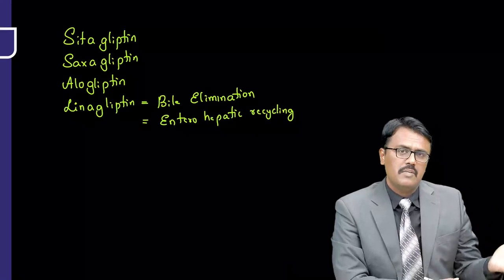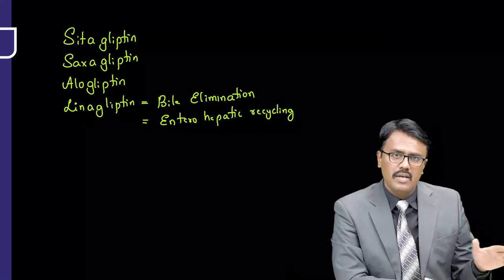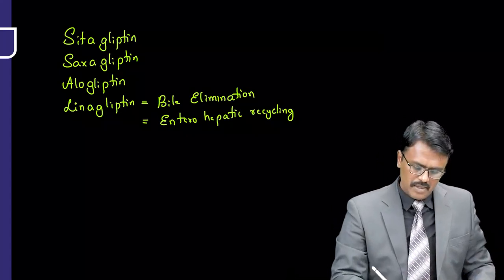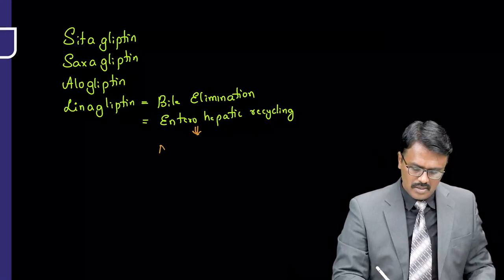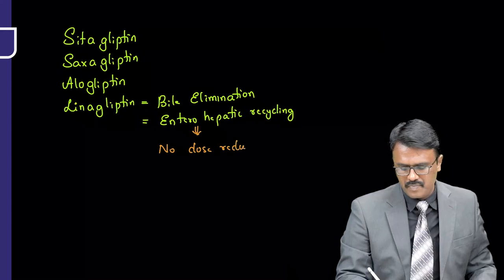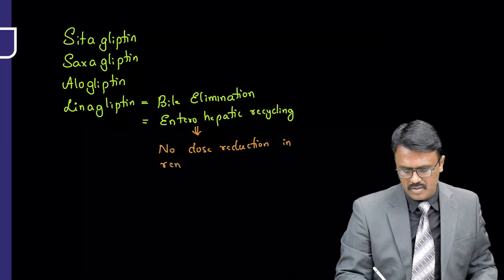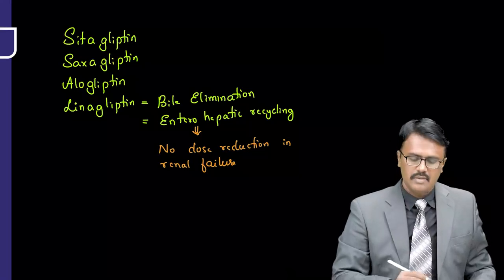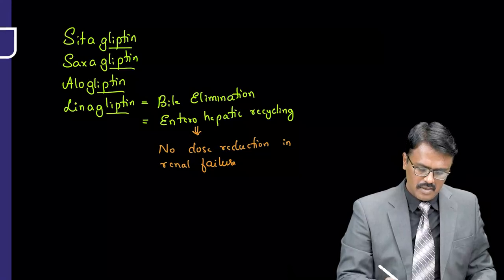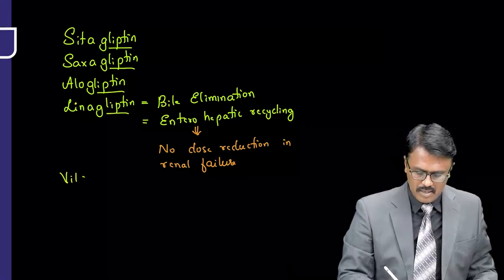The reason is it is metabolized by the liver, it is going in bile, so no problem in renal failure. So the question asked in multiple exams is, which drug doesn't require dose reduction in renal failure patients, and that is linagliptin. Right, and remember all the drugs end with gliptin, and one more gliptin is vildagliptin.